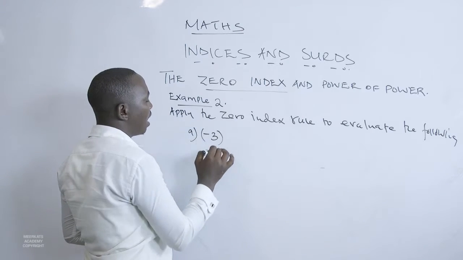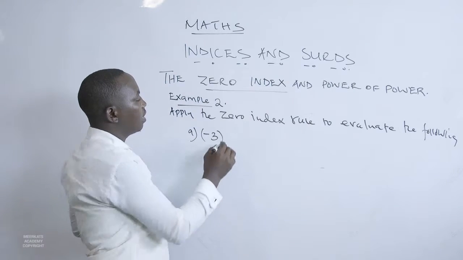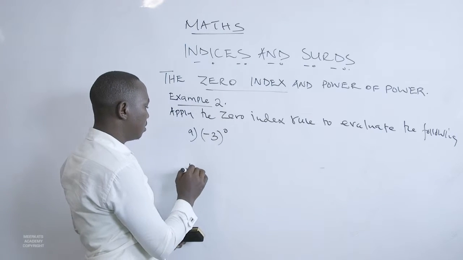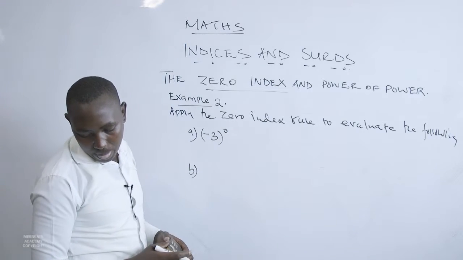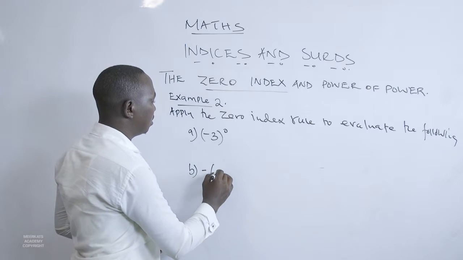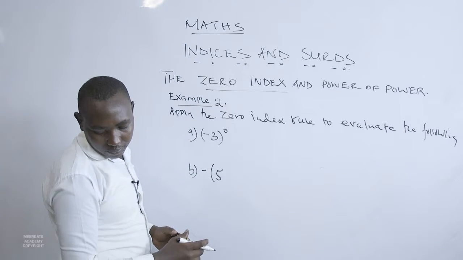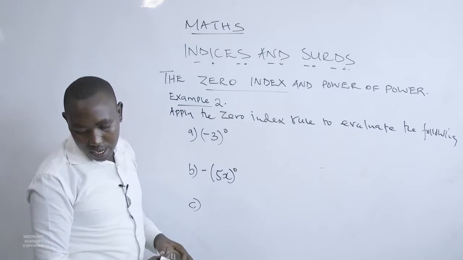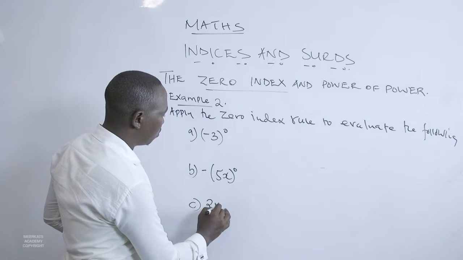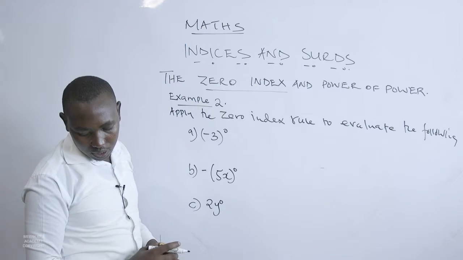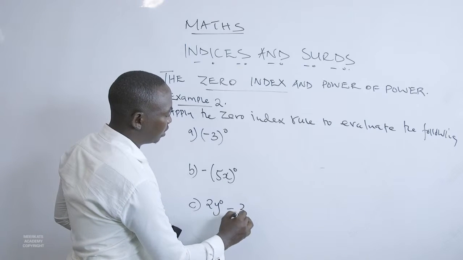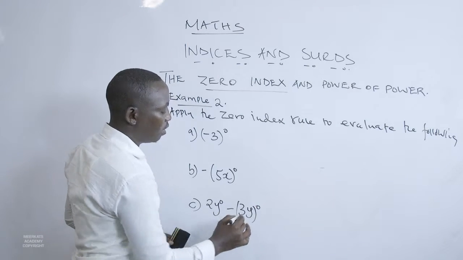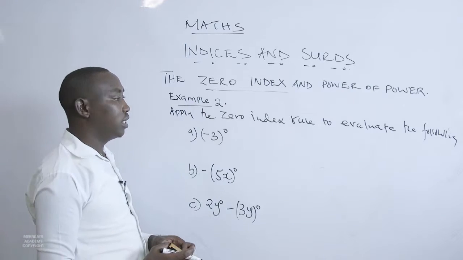A, we have negative 3 raised to 0. B, minus 5x raised to 0. Then C, 2y raised to 0 minus 3y, the whole of that raised to 0.